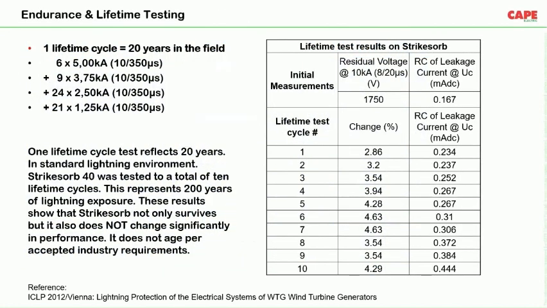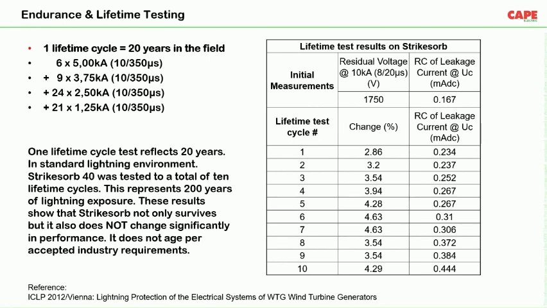Now the endurance and lifetime testing of an SPD. We have taken an example of Strikesorb 40, and it was tested with 10 lifetime cycles. What is a lifetime cycle? One lifetime cycle is equivalent to 20 years of operation in the field. So how do we test one lifetime cycle?